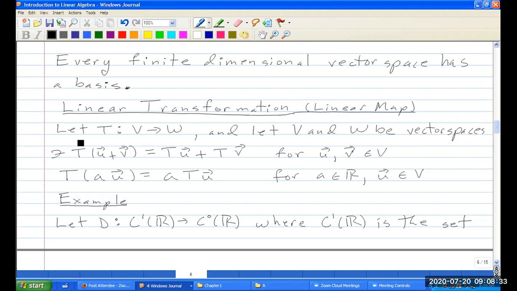So what is a linear transformation? It maps from vector space to vector space, and it does these linear things. T of U plus V is TU plus TV. T of AU is A TU. Sometimes people write this as one property. Maybe I'll do it in red.